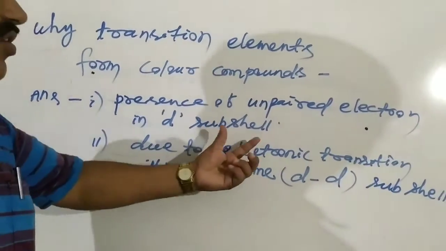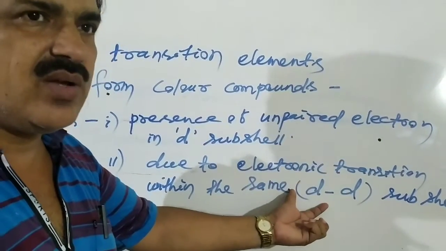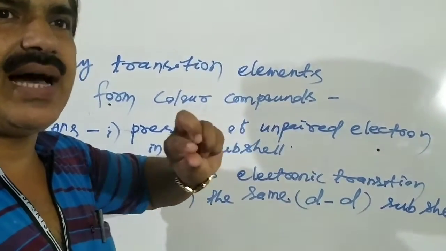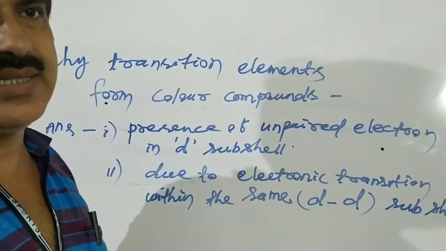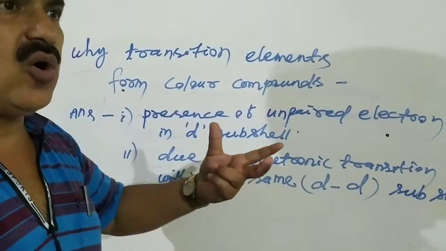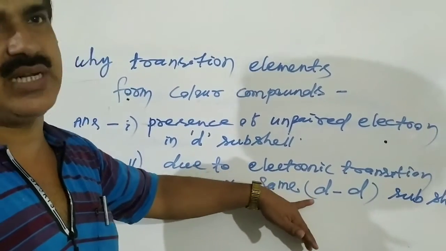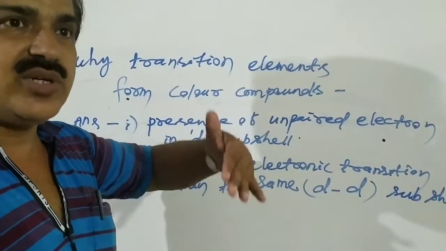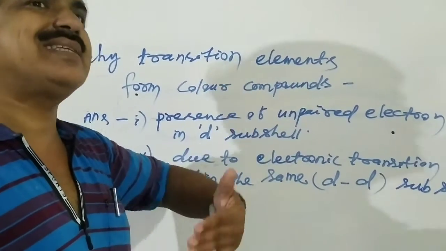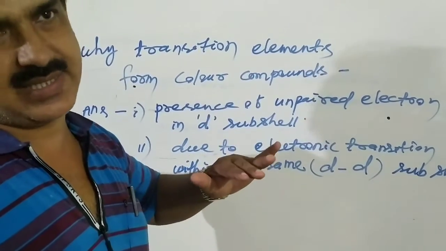The presence of unpaired electrons in the d subshell absorbs some colors from visible light and undergoes transition within the same d subshell. Due to electronic transition, the colored light transmitted is the complementary color of the absorbed light.